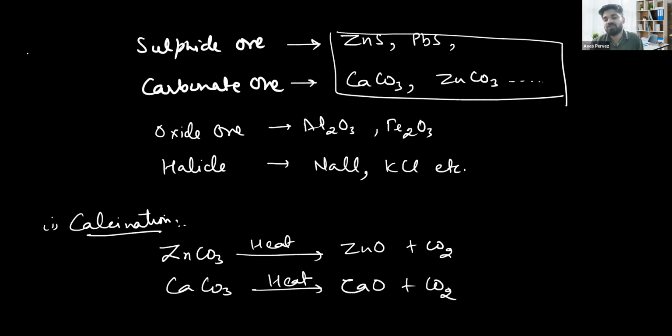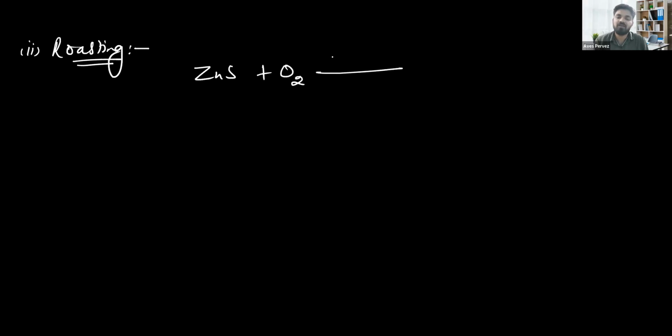And what was roasting? Roasting is converting sulfide ore, like zinc sulfide, by strongly heating it in the presence of oxygen, and it gives ZnO plus SO2.